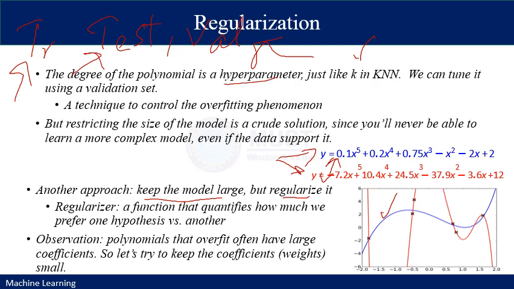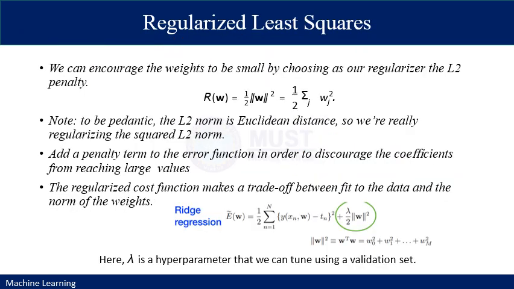So if you try to reduce these coefficients or weights to a smaller value, you have a better chance of reducing the generalization error. So we can encourage the weights to be small by choosing our regularization with the L2 penalty.